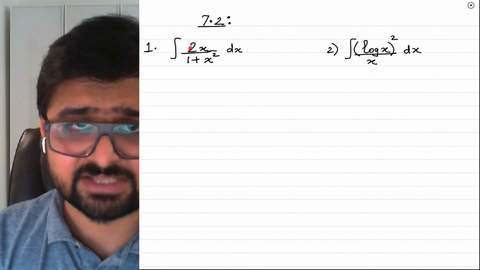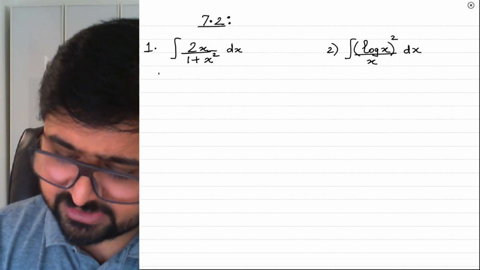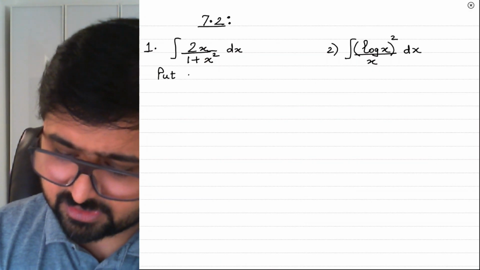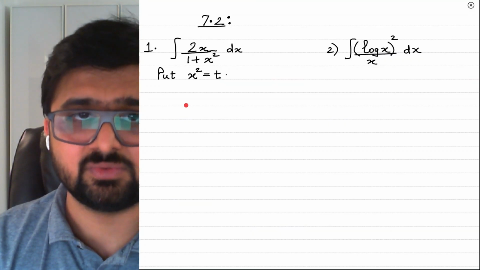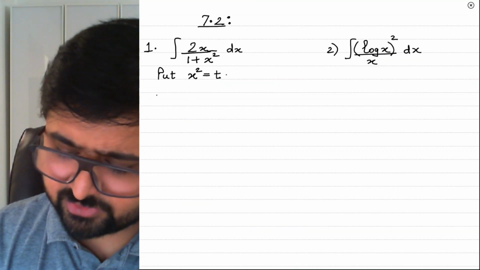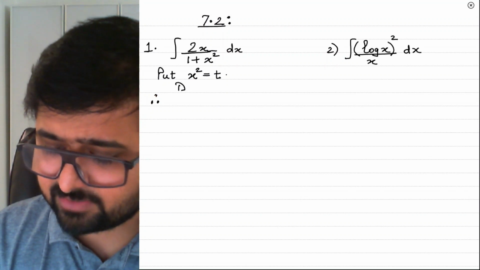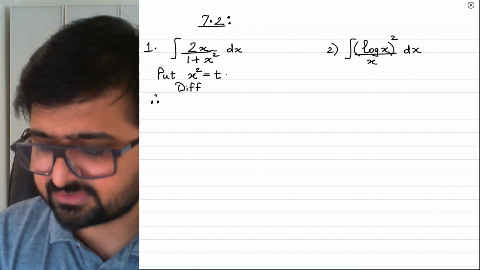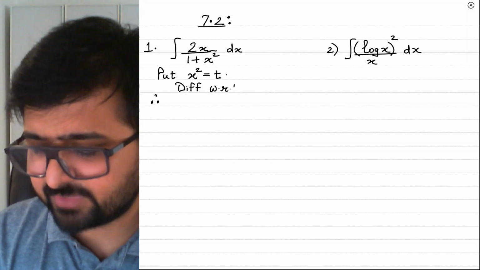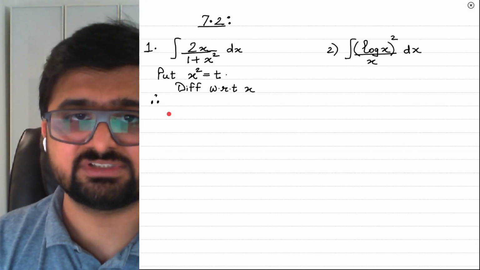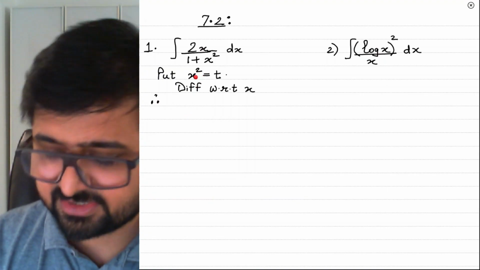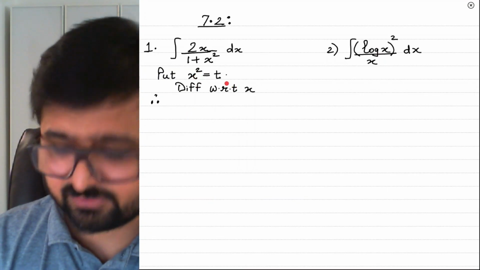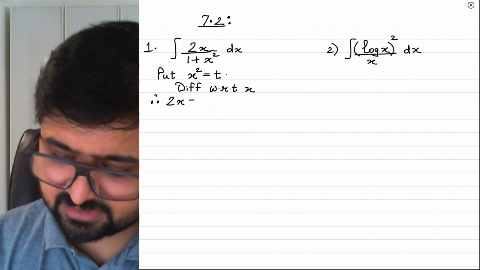If the derivative of x squared is 2x, what you can do is put x squared equal to t. Then next, you differentiate both sides with respect to x. That's the simplification part of it. The derivative of x squared with respect to x is 2x.